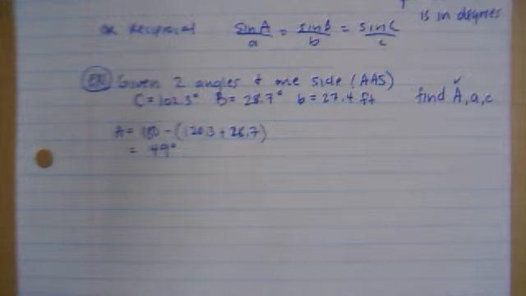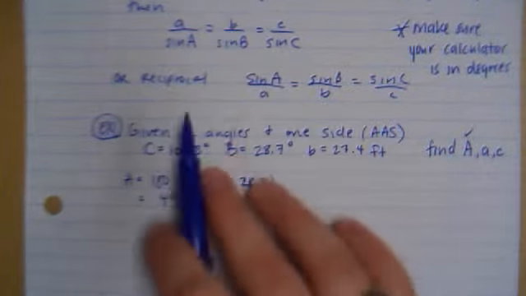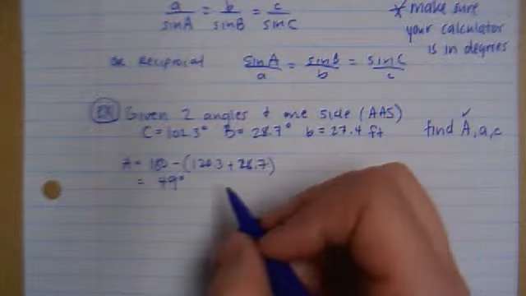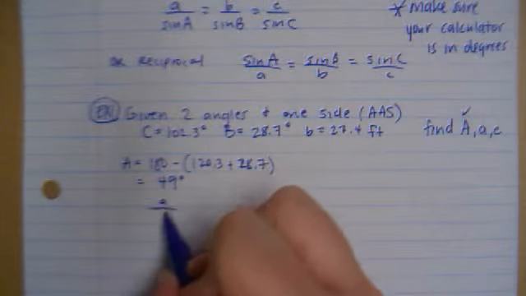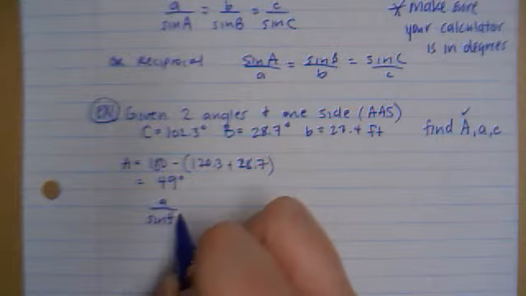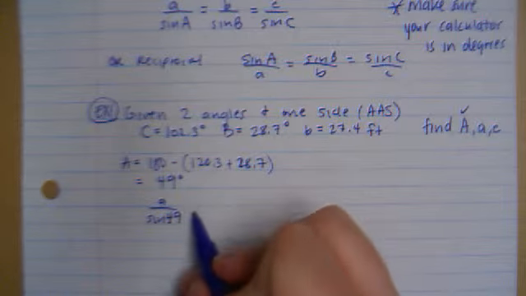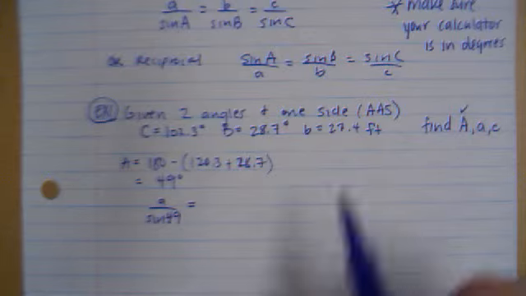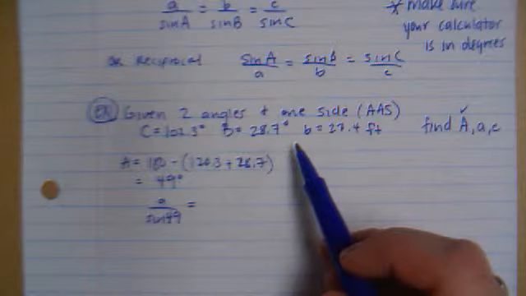So I'm going to be using my law of sines here. I'm going to have a over sine 49, because I know big A is 49, equal to, now which two do I have information for?